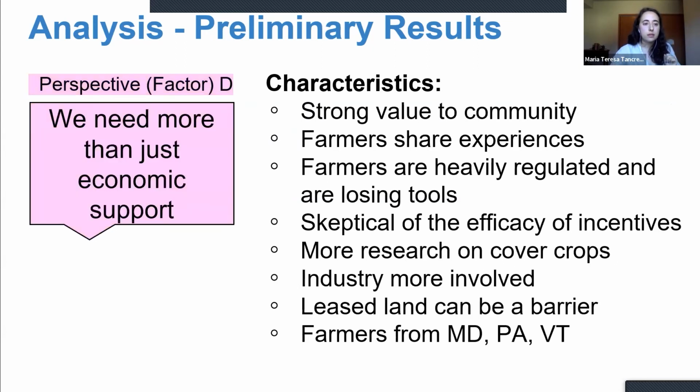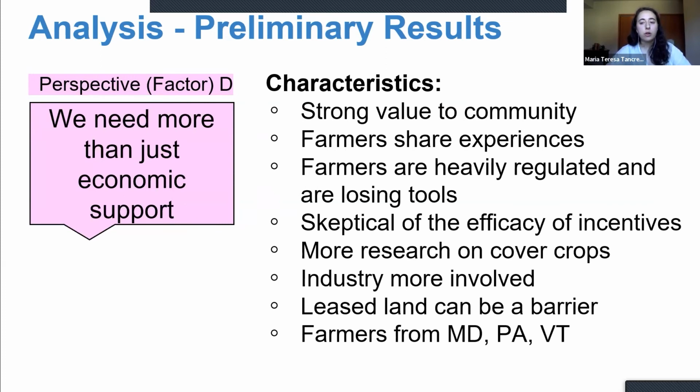And then lastly, we had perspective D, where farmers mentioned the need for more than just economic support. Farmers in this group stressed attributing a strong value to community and local connections. They talked about how farmers in their area usually share experiences and talk to each other. They also mentioned feeling that farmers are heavily regulated and that they're losing the tools available to them.